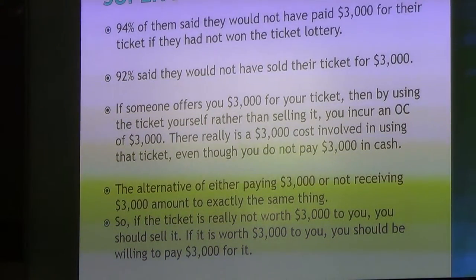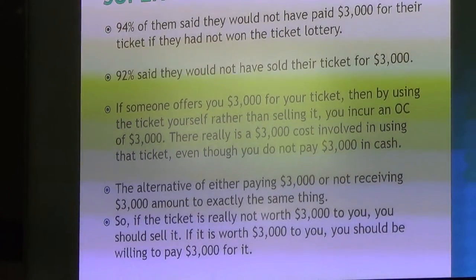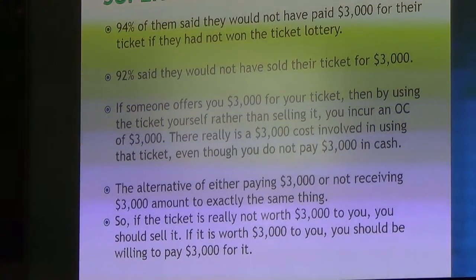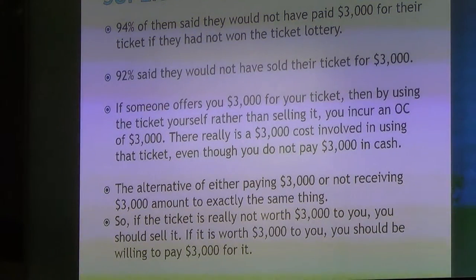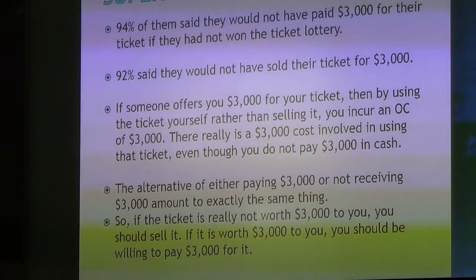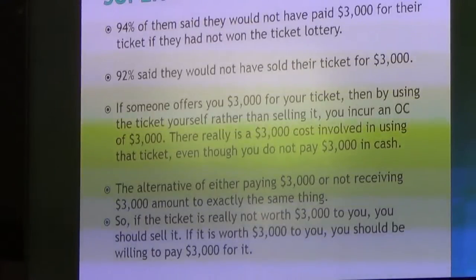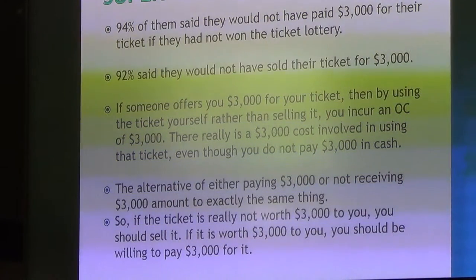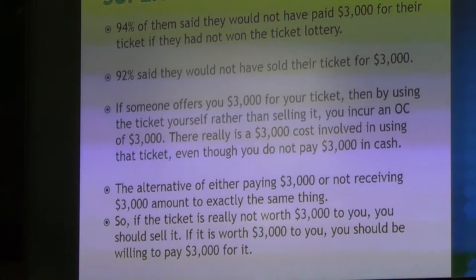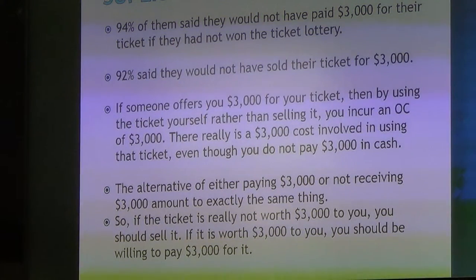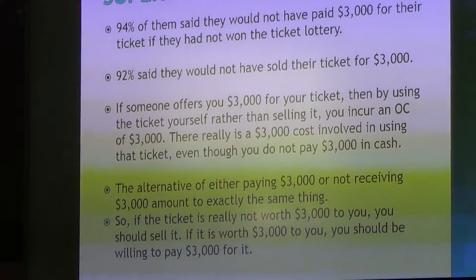So this is showing how that non-monetary opportunity cost is sometimes ignored, because by not selling it for $3,000, the cost of keeping the ticket is your opportunity cost. If you would have sold it, you would have gotten $3,000, but you wouldn't have been able to go to the game. So that's the highest valued alternative. The choice was either attending the game or making a $2,600 profit off of that ticket. Okay?